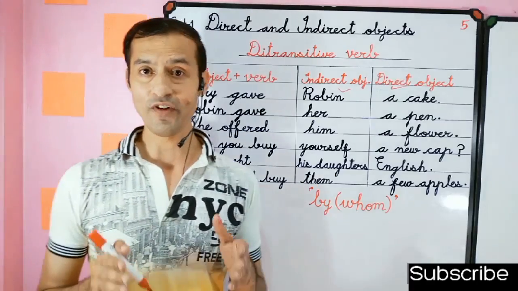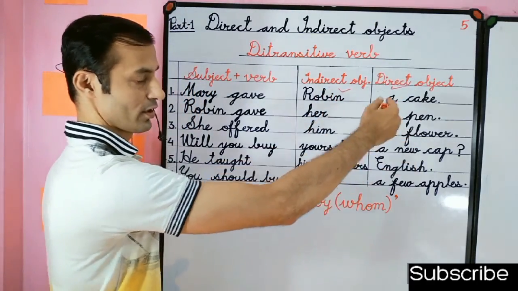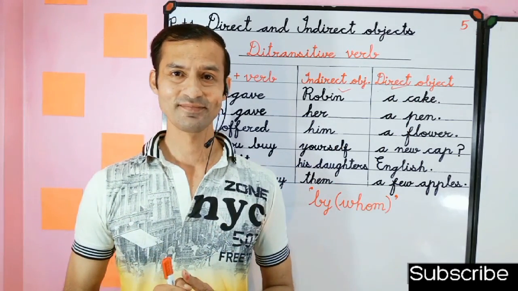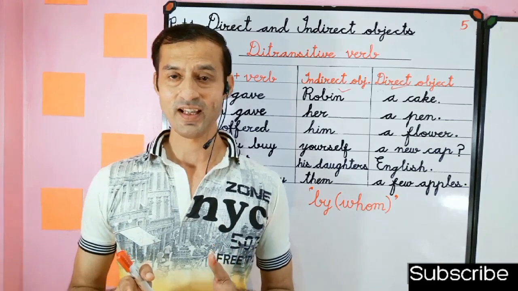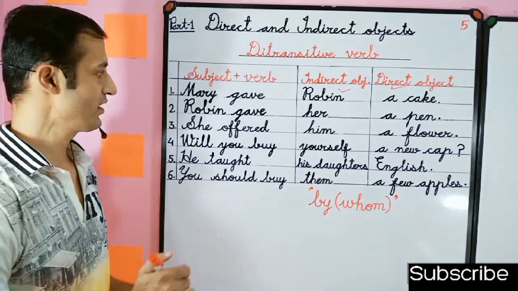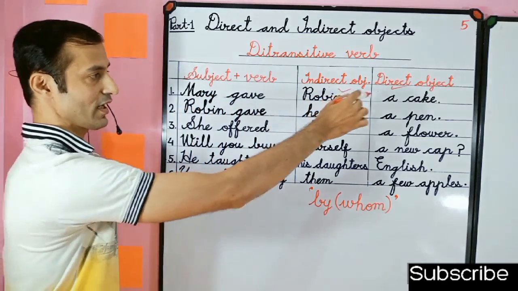And how to find the indirect objects and the direct objects? How to find an indirect object? We have to ask the question to whom. In the first sentence, to whom did Mary give a cake?